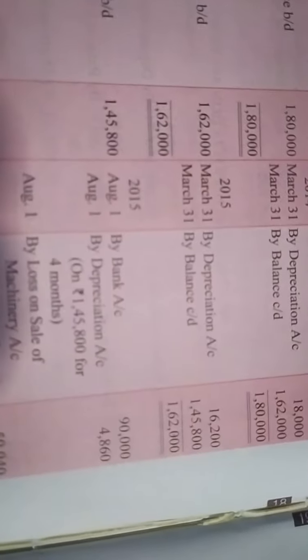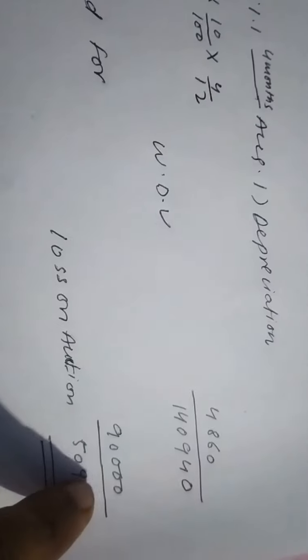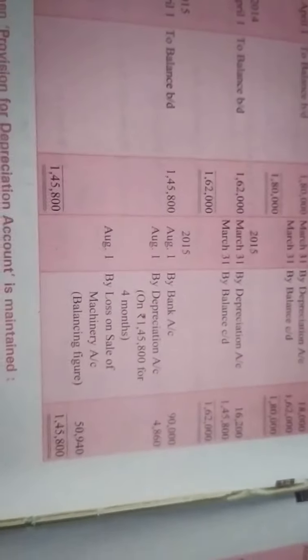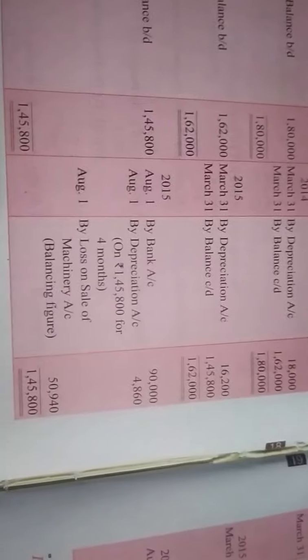And the machinery was sold for how much amount? It was sold for 90,000 rupees. 1,40,940 was the written down value of the machinery, but it was sold at a lesser value, so there will be a loss, and this loss will be shown on the credit side of the machinery account.